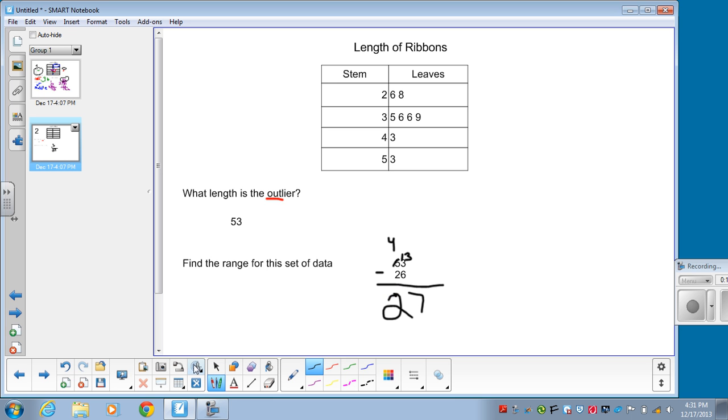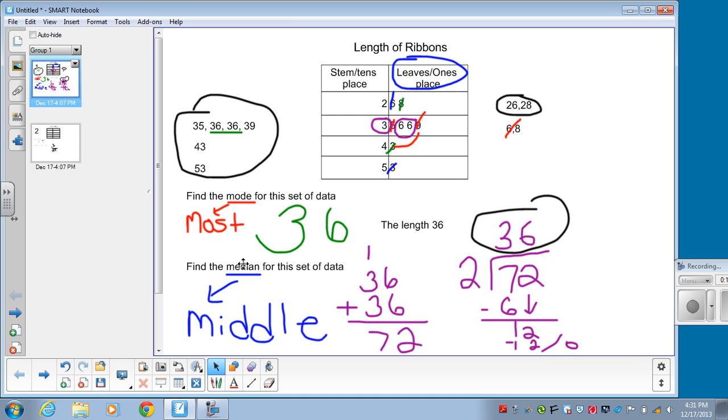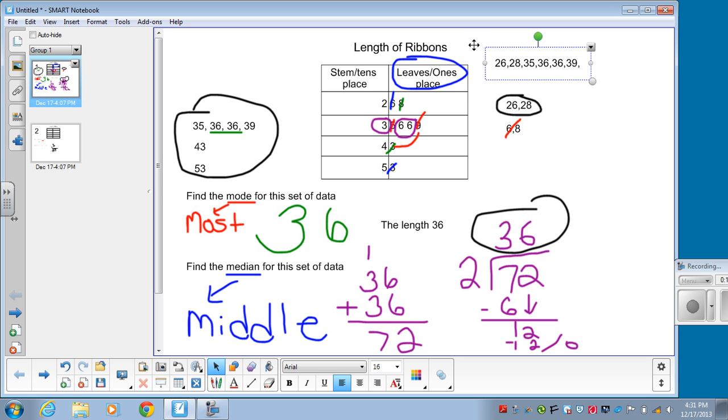Boys and girls, I apologize. I never showed you the other way to find the median. The other way to find the median is to take these numbers that you wrote out and write them in a line. 26, 28, 35, 36, 36, 39, 43, 53.